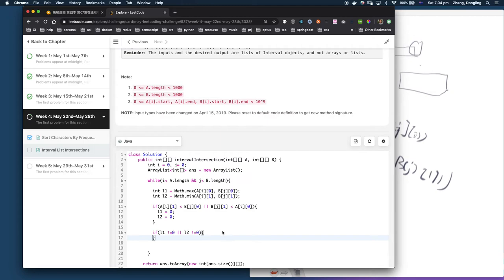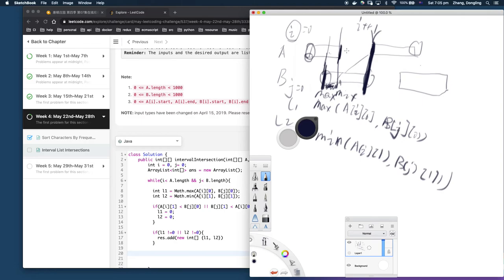Either of them not equal to 0, then it means they intersect, so this is one answer. If there is no intersection, so they are set to 0, then we just move. We need to decide whether to move A plus plus or B plus plus. In here, it means A needs a plus plus, so you could compare with anything else.